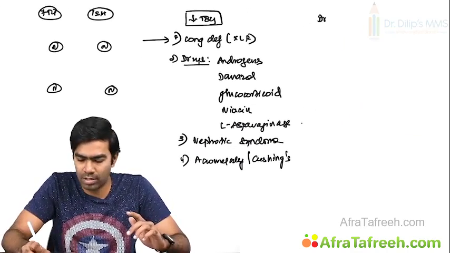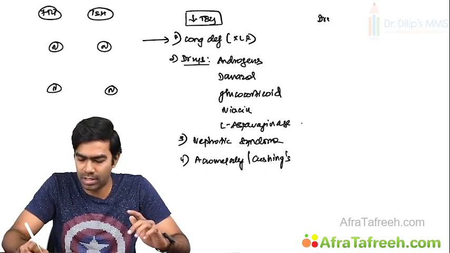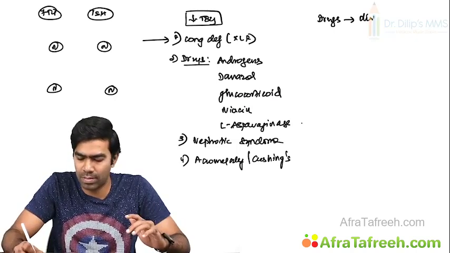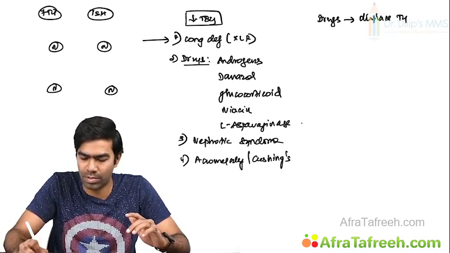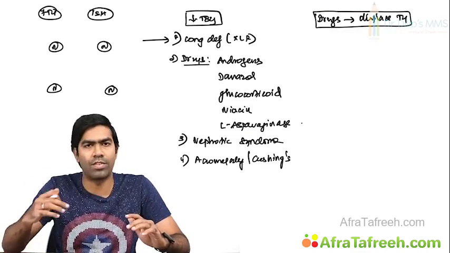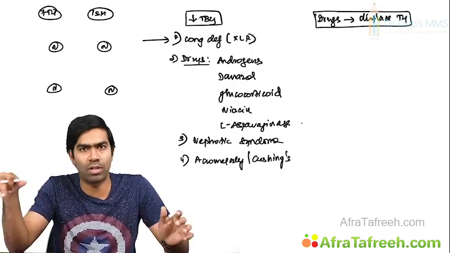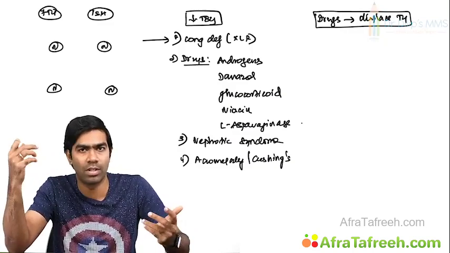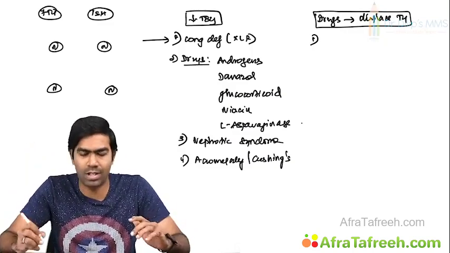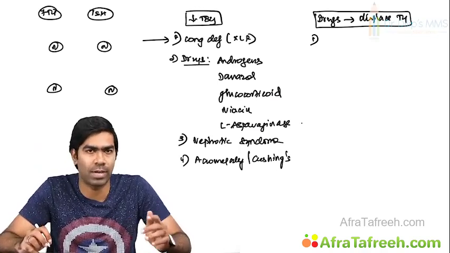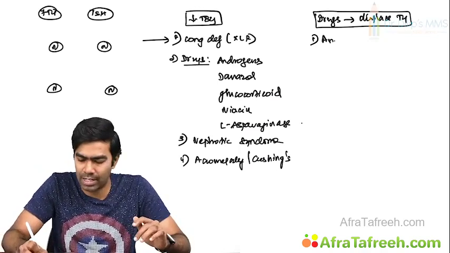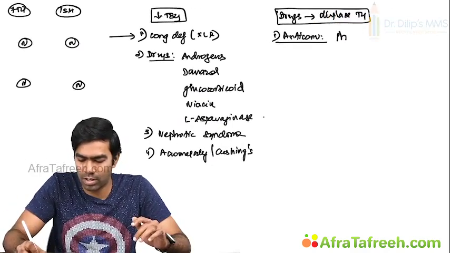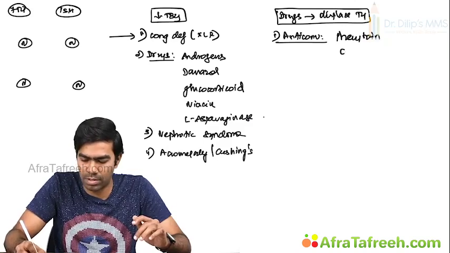And there are also certain drugs that displace the thyroxine from the TBG binding sites. If you displace T4 from the TBG, obviously the bound thyroxine will reduce, so that the total thyroxine will reduce. So what are the drugs that displace the thyroxine from the binding sites? Number 1, anticonvulsants like phenytoin and carbamazepine.